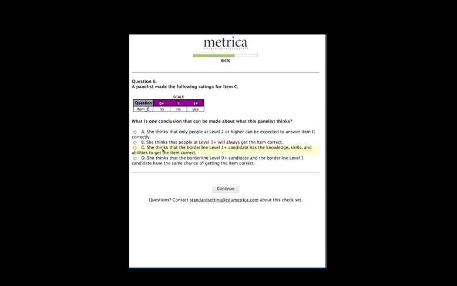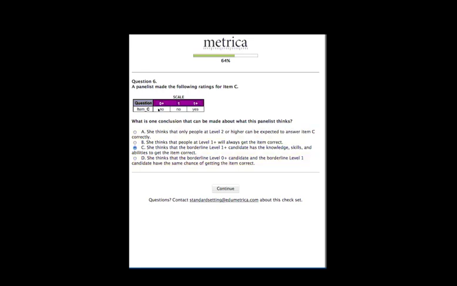What about C? Does she think that the borderline level 1+ candidate has the knowledge, skills, and abilities to get the item correct? Bingo! That's the right answer, because that's what that judgment represents. What about D? Does she think that the borderline level 0+ candidate and the borderline level 1 candidate have the same chance of getting the item correct?